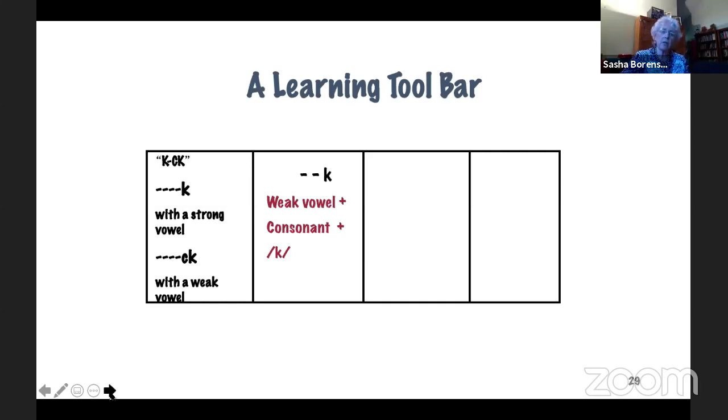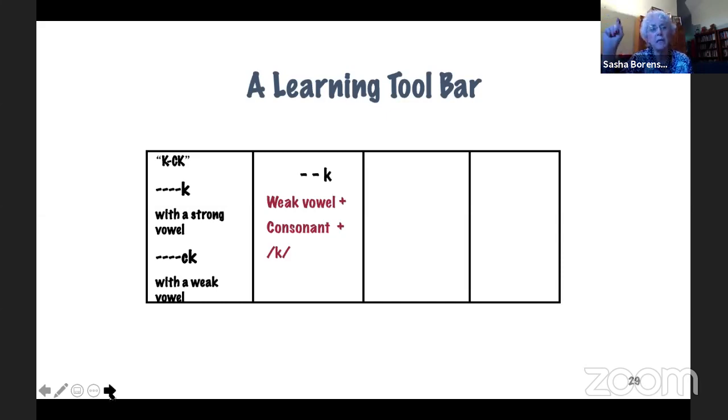So here is a toolbar for the KCK. And there's three instances that we have to talk about. We have a strong vowel immediately followed by the k sound. And so we spell the k sound with a K. We have a weak vowel immediately followed by the k sound.